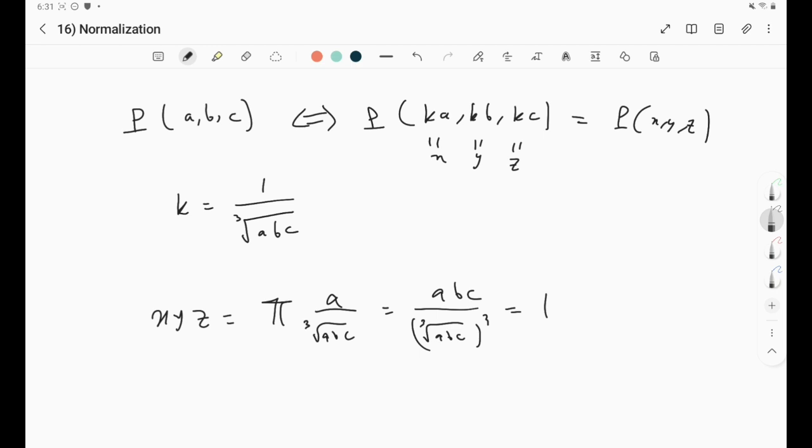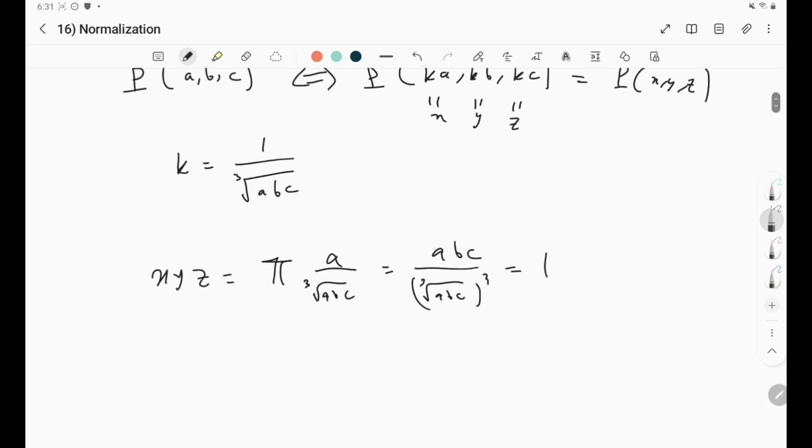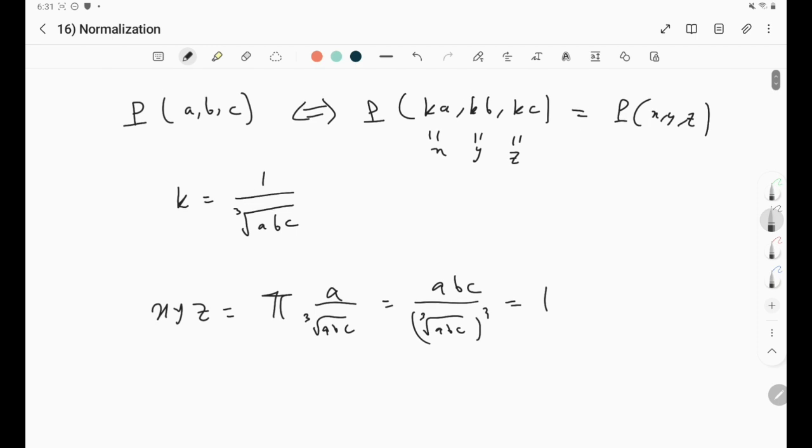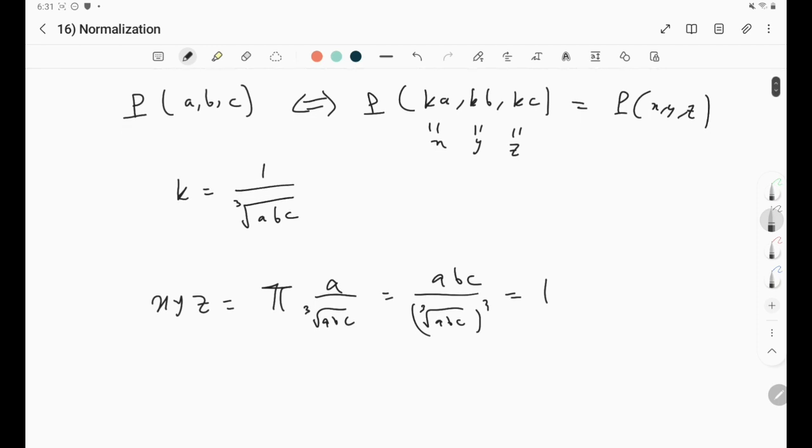And of course, as you can see, you can choose this k to be many things. Here we just chose it in order to make the product 1. In fact, you can also assume the sum is 1. How exactly can you make the sum 1? Think about it. What should you choose as k? If you want the sum to be 1, then always just think about it like this.